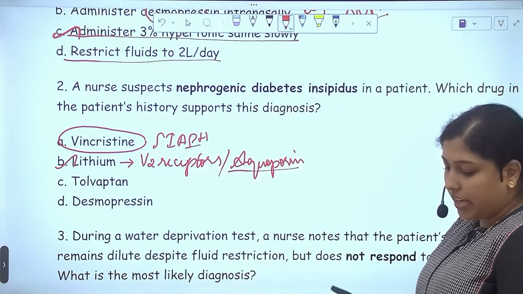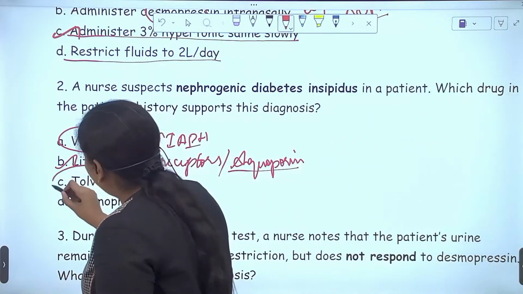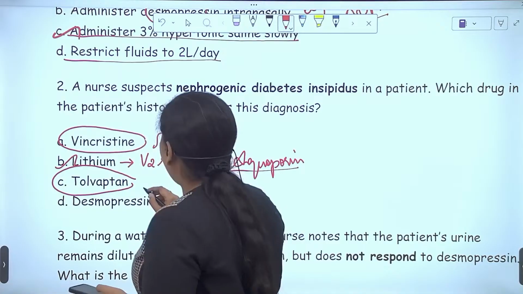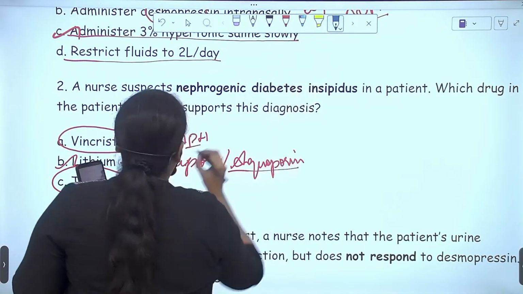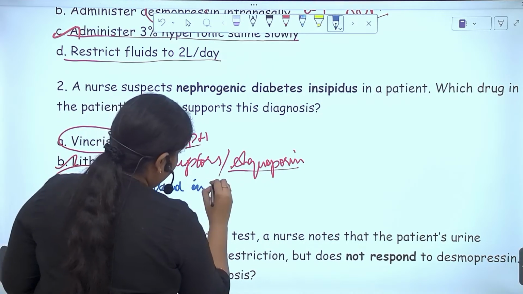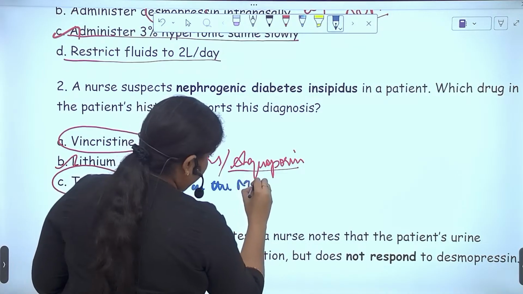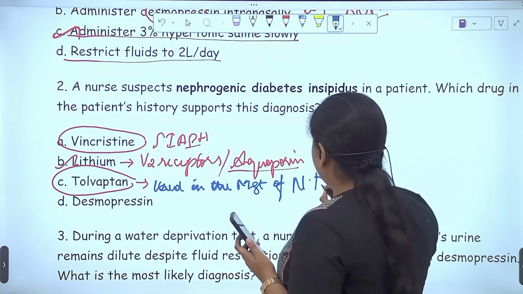Tolvaptan. What is the action of tolvaptan? Tolvaptan is used in the management of what? Nephrogenic diabetes insipidus.